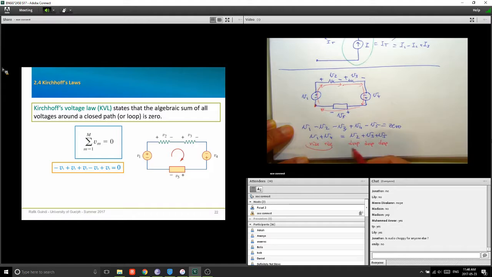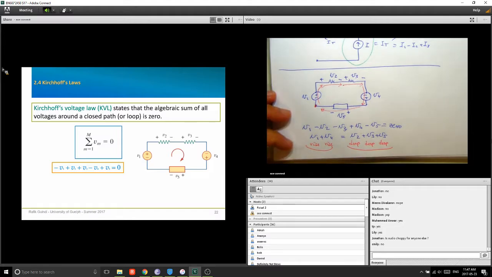So this basically is what KVL boils down to. It says, as you're going around a loop, you choose the point where you're starting, you have to end at that same point, and you go in whichever direction you like. It can be clockwise or anti-clockwise, doesn't matter, it's always going to work out right.